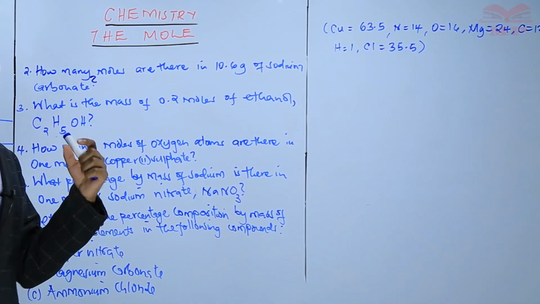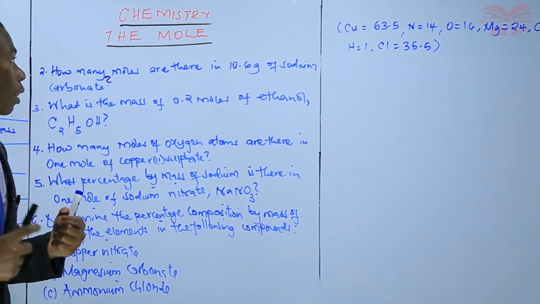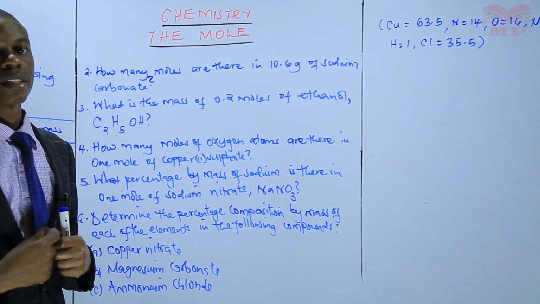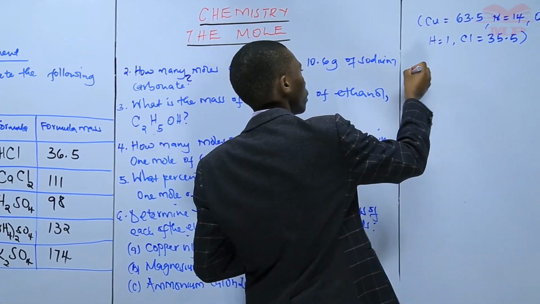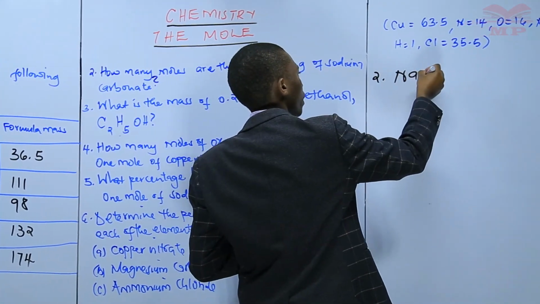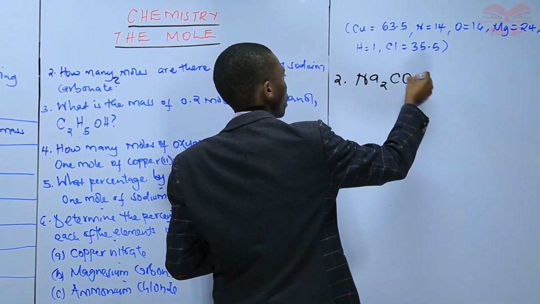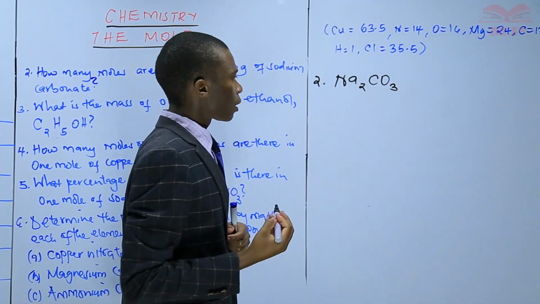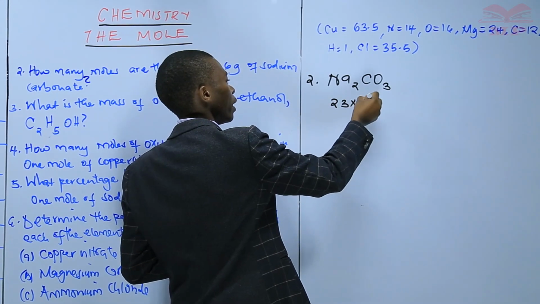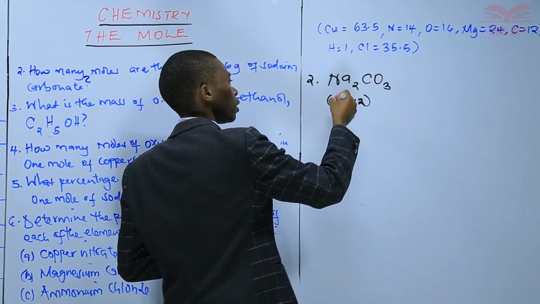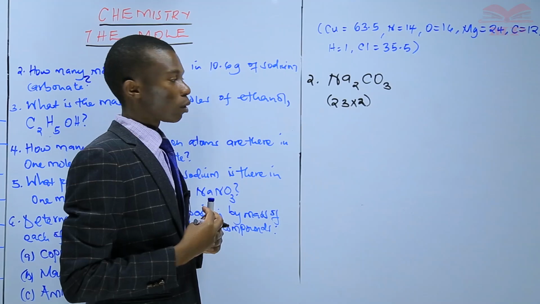Therefore, we need first to calculate the relative formula mass of sodium carbonate. This is the formula of sodium carbonate. The relative formula mass will be, the mass of sodium is 23, and there are 2 atoms, so 23 times 2.